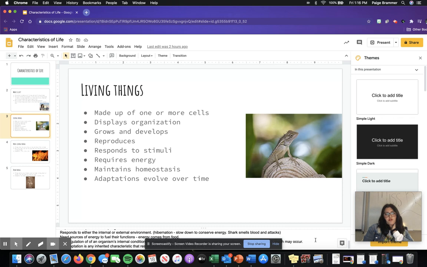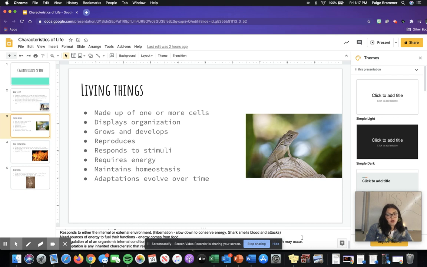So, an example of responding to an internal stimulus, like you look at hibernation, for example, that bears do, they slow down to conserve energy. And that is in response to that internal environment. Whereas an external environment, for example, if you're out in the ocean and a shark smells blood, it's going to respond to that external stimulus, and it's going to start swimming towards that blood and attack.